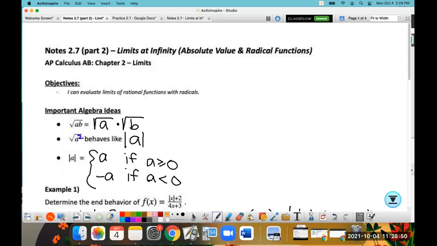This only happens when the inside is positive, where the inside power makes things positive. And the outside, or I guess the simplified version, can change signs.